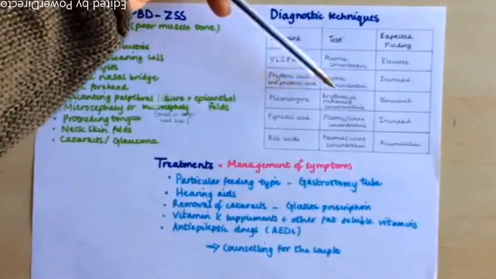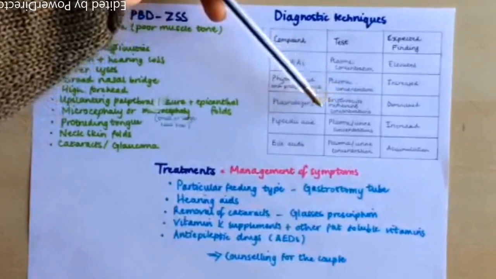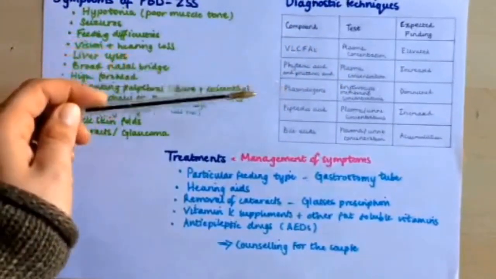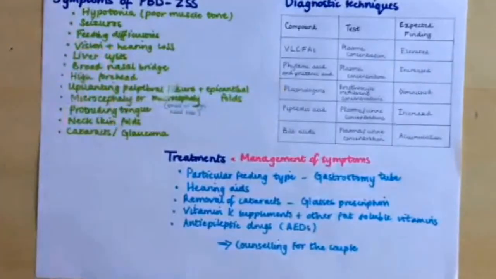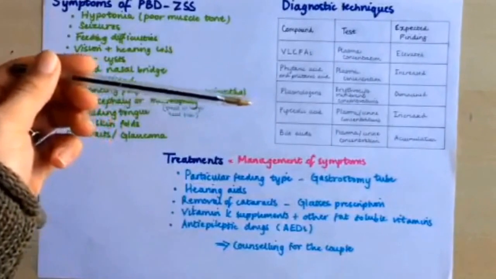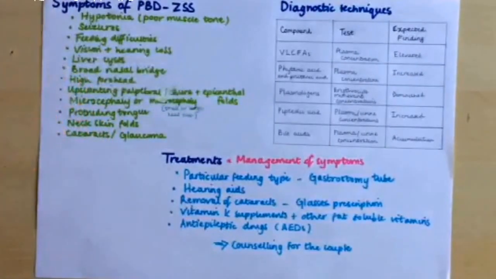Plasmalogens will be severely diminished, and the pipecolic acid will be slightly increased, whereas bile acids will show an accumulation of the intermediates THCA and DHCA.